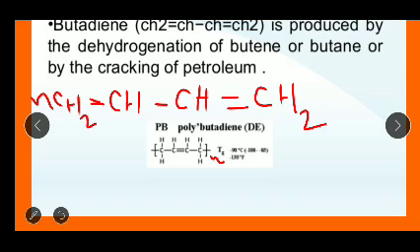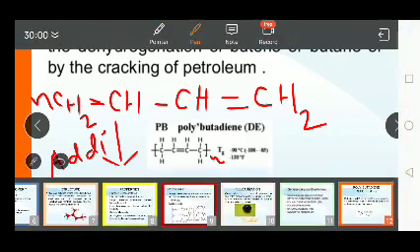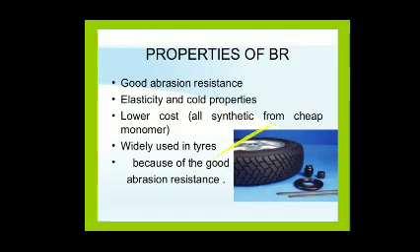N number of butadienes undergo addition polymerization to form butadiene rubber. (CH2-CH=CH-CH2)n is called butadiene rubber.